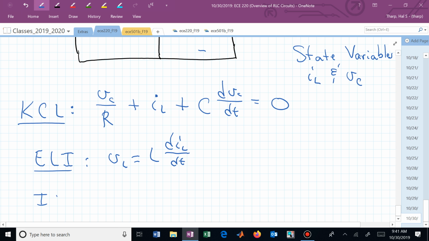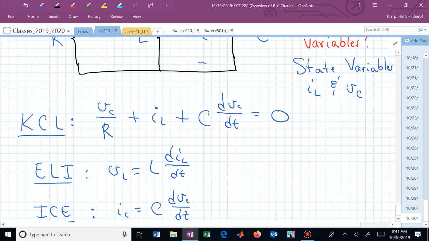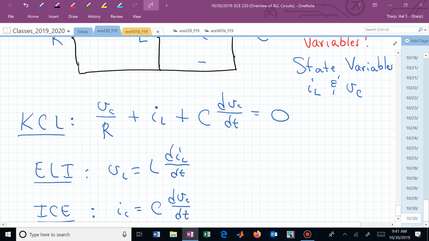Or we have ICE, which is I sub C is equal to C dV sub C dt. Do you see how we could maybe pick one of those, ELI or ICE, to help us write this expression in terms of just one variable instead of both I sub L and V sub C?